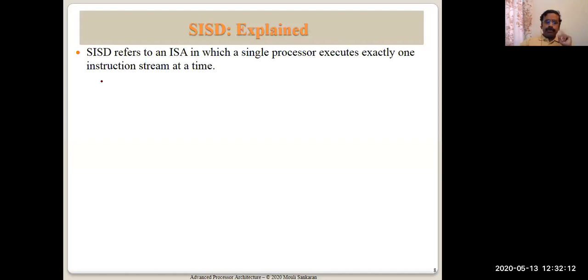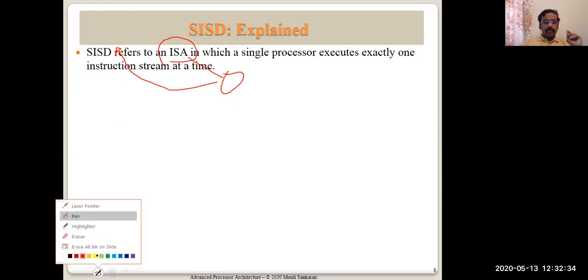Okay. Single instruction, single data. ISA is instruction set architecture. Every ISA corresponds to a processor family, and every processor family falls into one of these categories, either SISD or SIMD or whatever.